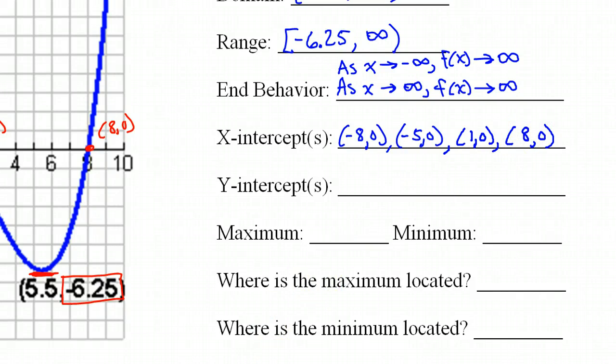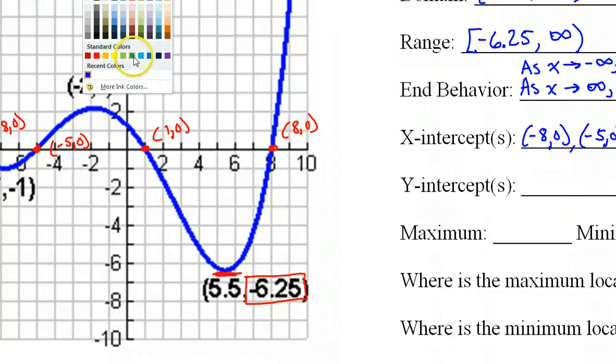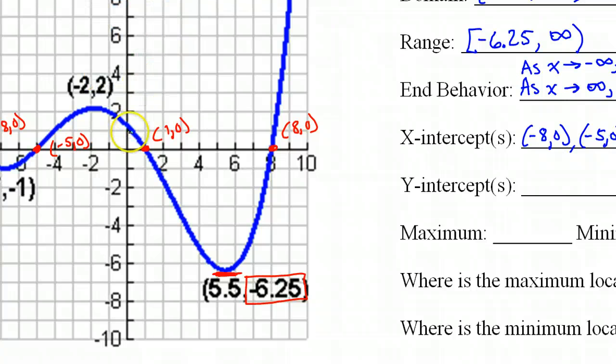Now the y-intercept, and yeah, there's only one of them for this problem. The y-intercept is going to be, let's see, I think I'll do it in green. The y-intercept is right here. Now, to me, this looks like a decimal. It seems to be a little bit above 1.